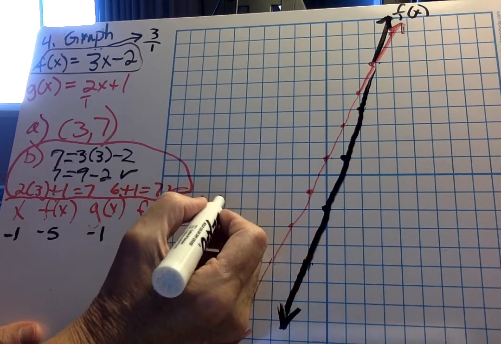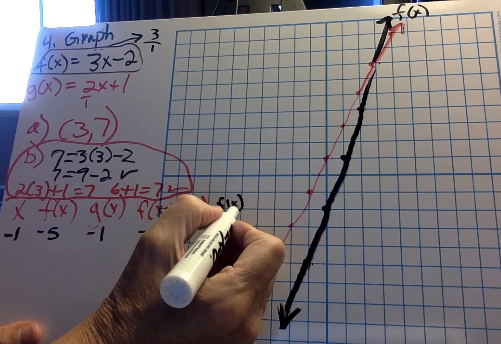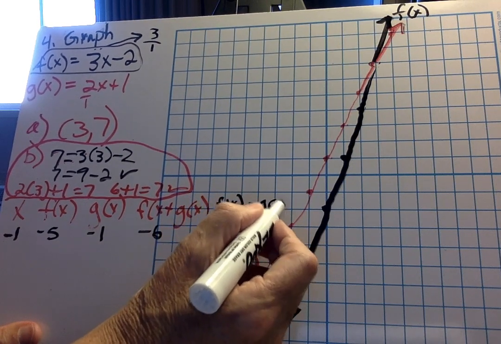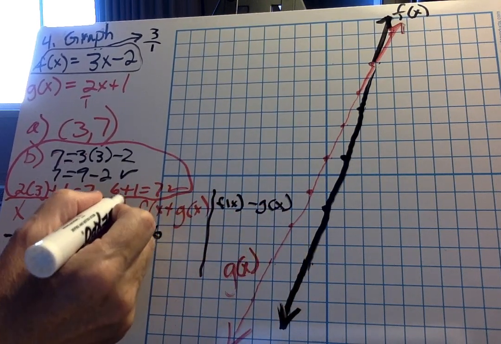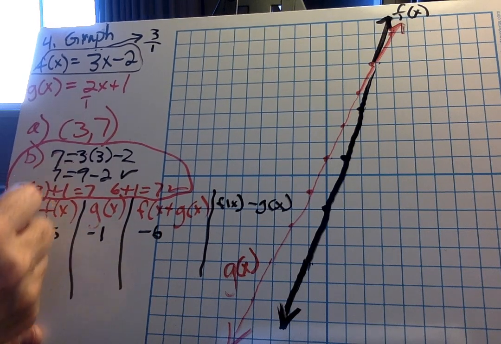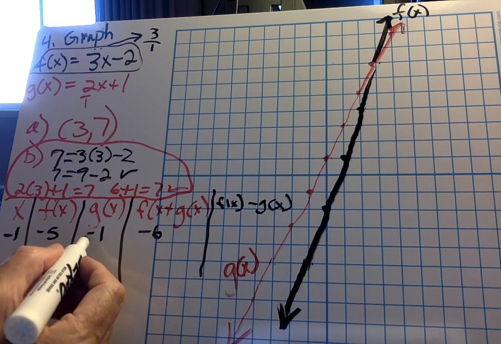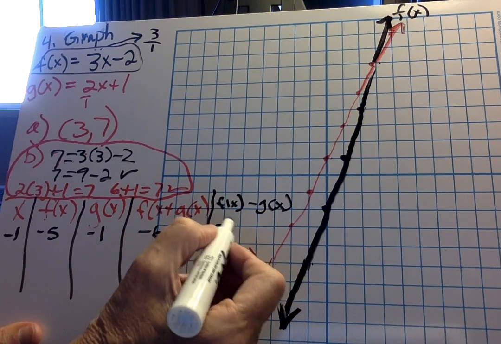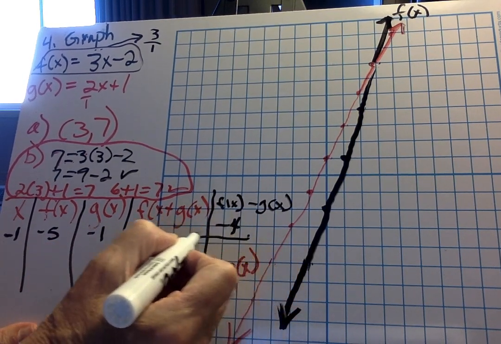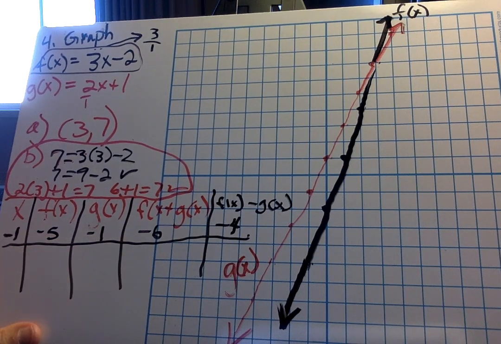And then it says f of x minus g of x. And if I take f of x, negative 5 minus a negative 1, I get negative 4. Okay, so that's what that first one should look like.